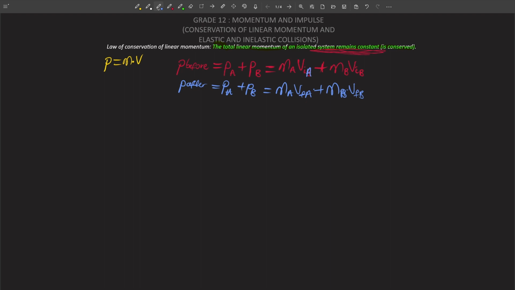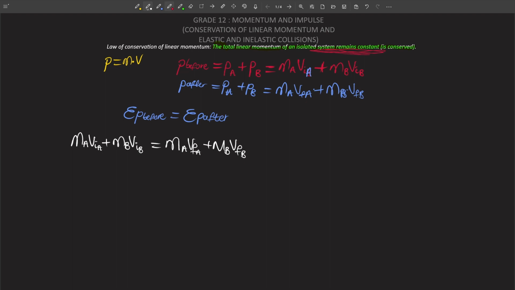The sum of momentum before collision is equivalent to the sum of momentum after collision, and this overall is equivalent to the mass of A times the initial velocity of A, plus the mass of B times the initial velocity of B, is equivalent to the mass of A times the final velocity of A plus the mass of B times the final velocity of B.